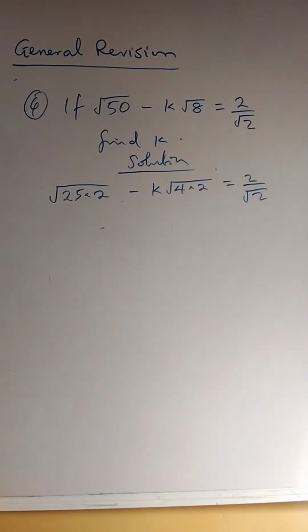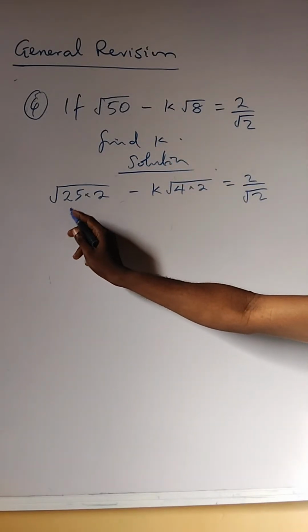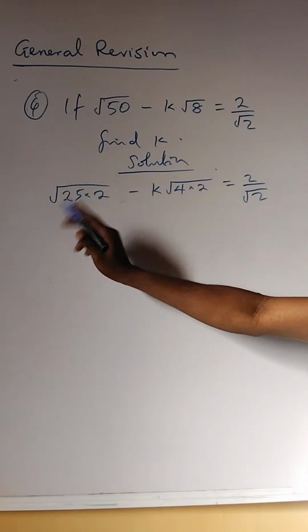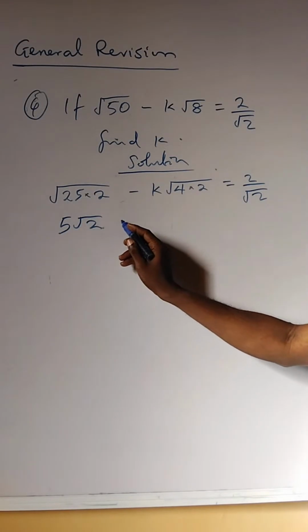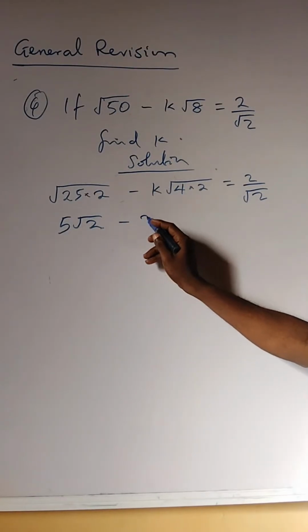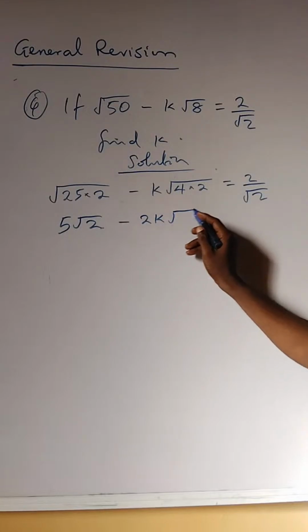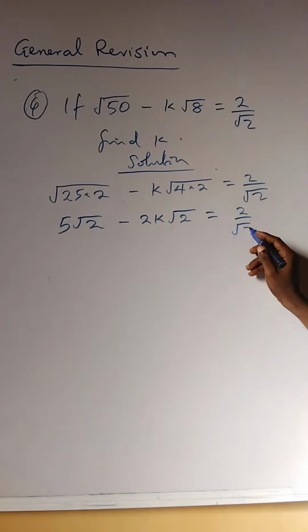We try to make root 50 and root 8 simpler. When we separate 25 times 2, root 25 is 5, so this is 5 root 2, then minus. Root 4 is 2, 2 times k, that's 2k, then we have root 2, then equals 2 over root 2.